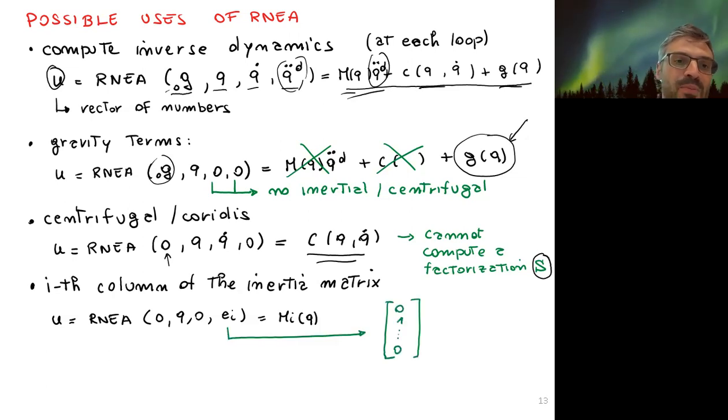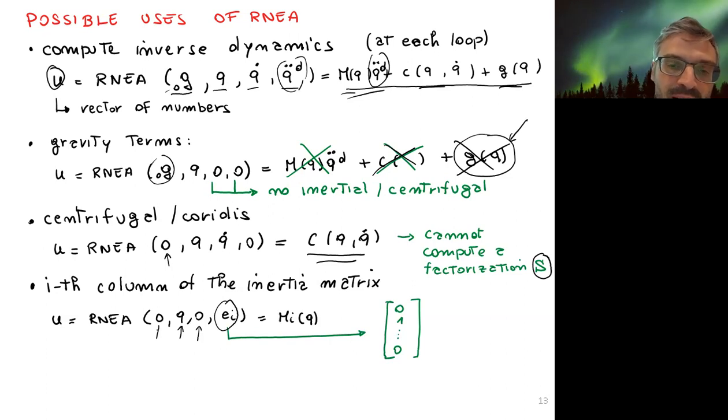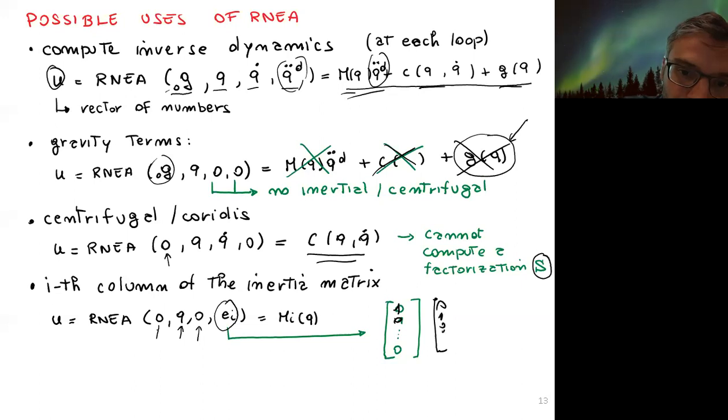So if you call the algorithm with 0 gravity, position of the joints, 0 velocity of the joints, you don't have Coriolis and gravity, and you can select, if you set the acceleration to a vector e_i with a 1 in correspondence of the joint relative to the column of the inertia matrix you want to compute, you will compute only the ith column of the inertia matrix. And of course, you need to repeat for all the joints. So you do first for this joint, then you do for this other joint, then you do for the third one, etc.